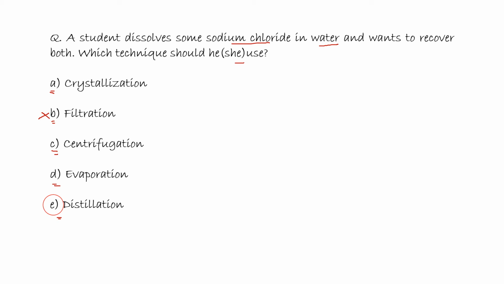And finally, we get the sodium chloride, but not the water, so it's not really separation. Centrifugation, again, it is a homogeneous mixture. If we evaporate, we get the sodium chloride, but we lose water. So the answer is distillation.